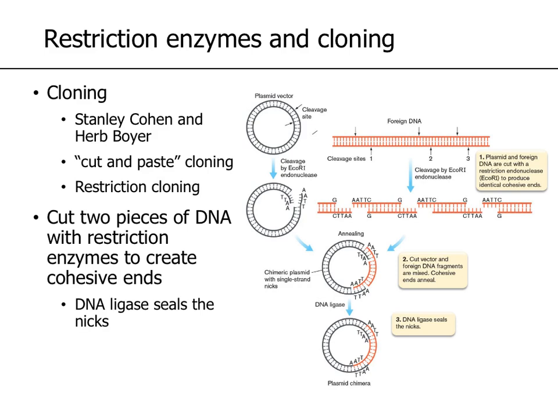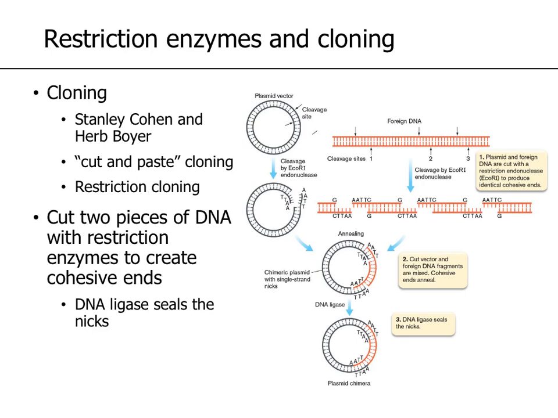The reason I like to think of this as cut and paste cloning is that you take the restriction enzymes that you're using and create these different sticky ends, and you can create that on 2 different pieces of DNA. When Cohen and Boyer were doing this, they knew about plasmids and they thought, can we put a different DNA sequence into this plasmid? So they used these restriction enzymes to cut both the plasmid and this foreign DNA.